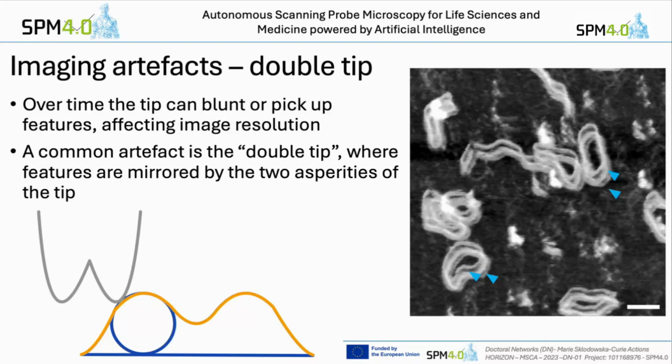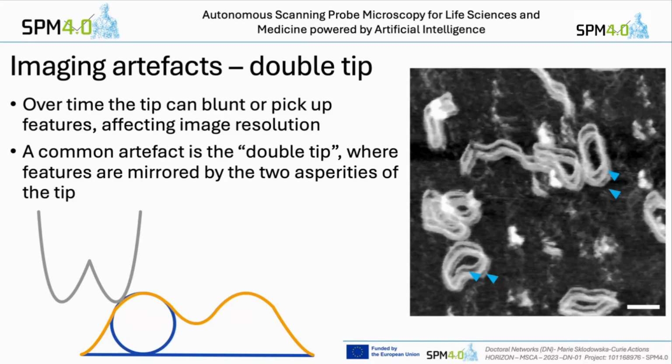And when that happens, you essentially see a double image of everything, because each of these tips interacts with your sample. Both are getting a false response, both then register within the image.